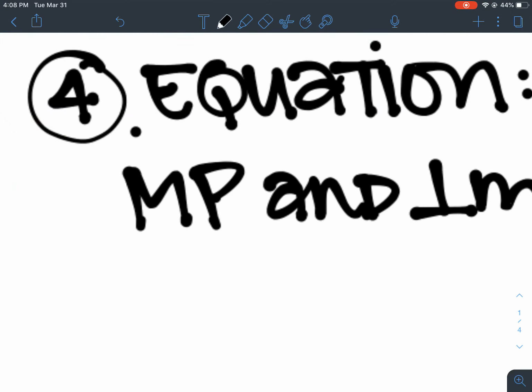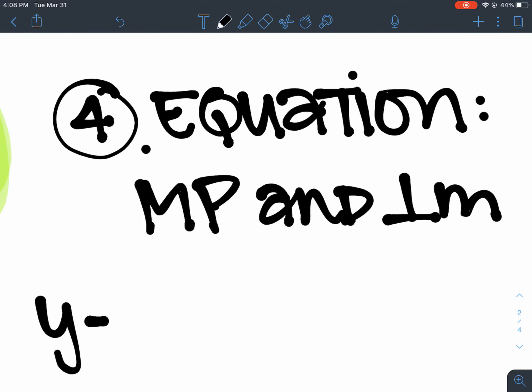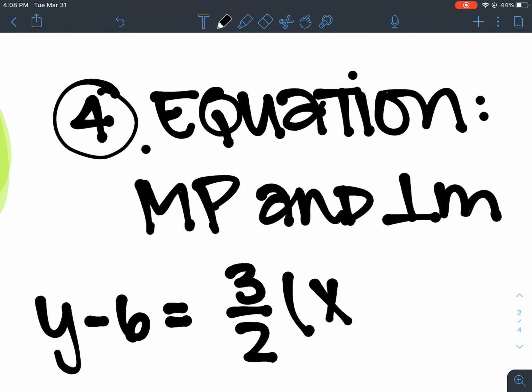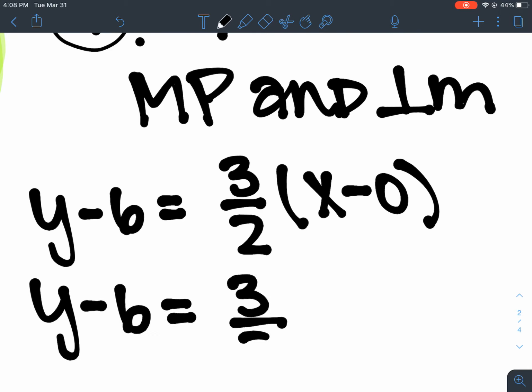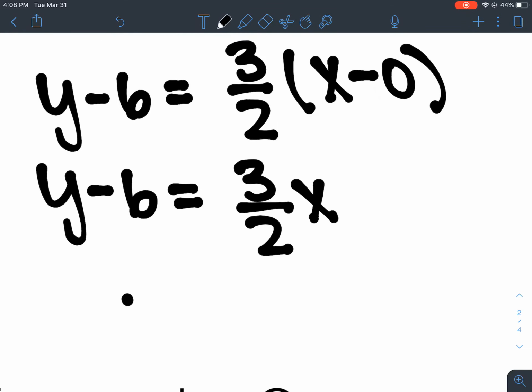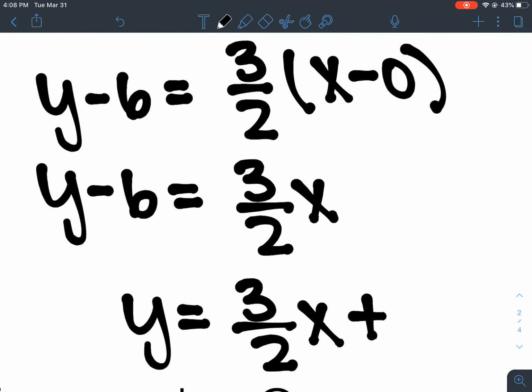So what I'm going to use is my 3/2 and my 0, 6, and I'm going to plug it into point slope form. So I'm going to get y minus 6 is equal to 3/2 times x minus 0. Distributing through, you're going to get y minus 6 is equal to 3/2 x plus 0. Then adding the 6 over, you'd get y is equal to 3/2 x plus 6.